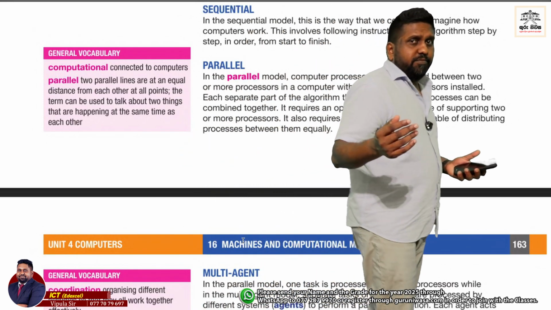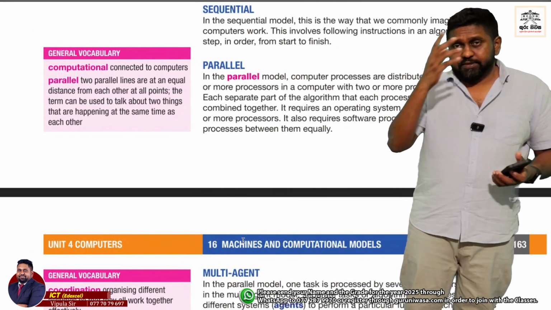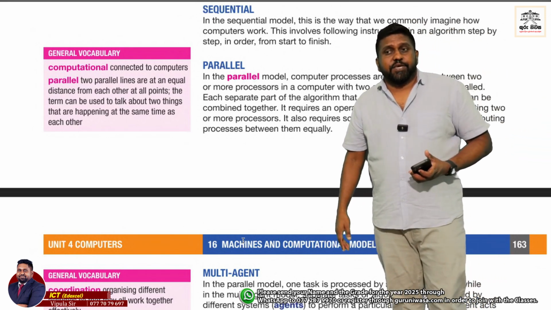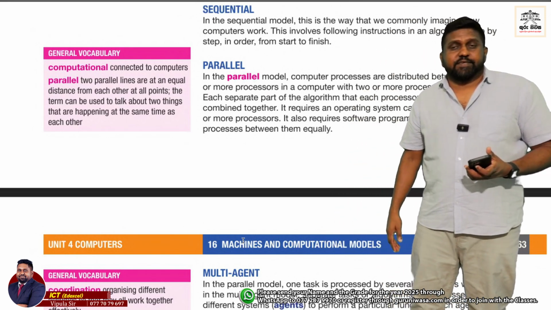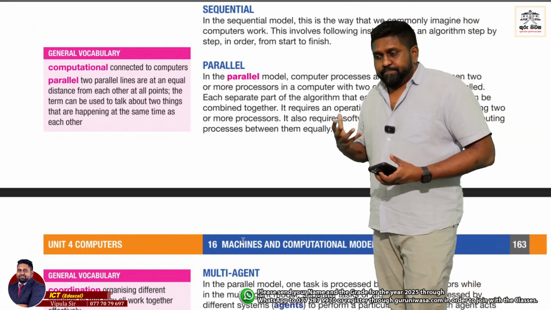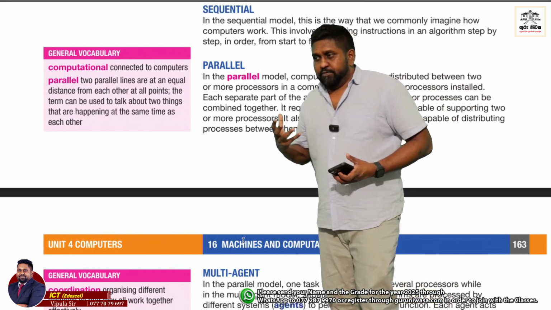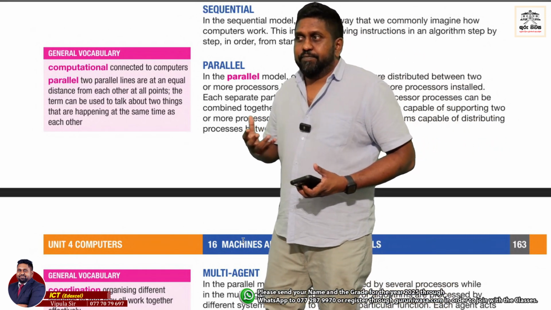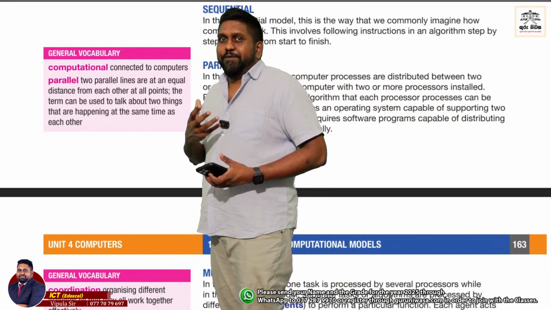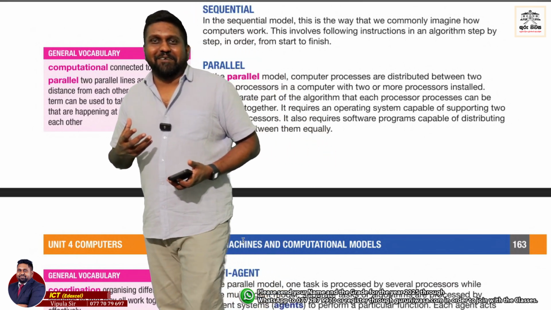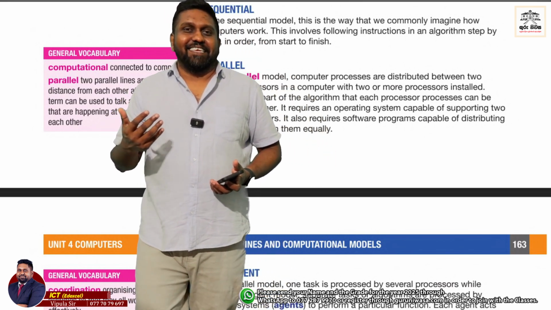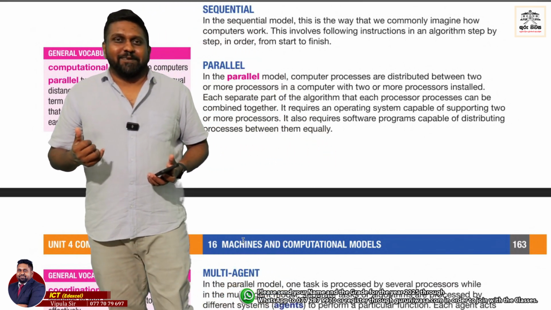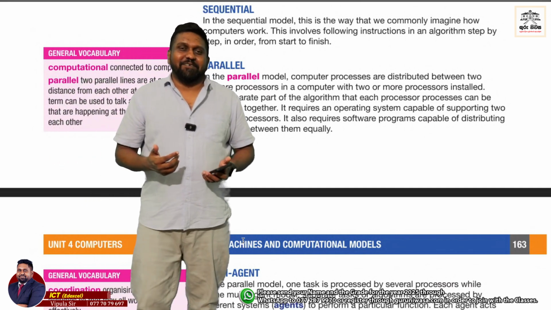Okay, so think of it like this. Let's take YouTube. If YouTube has a specific type of server that uses sequential processing, then what will happen? Technically, it's going to be a problem, right?